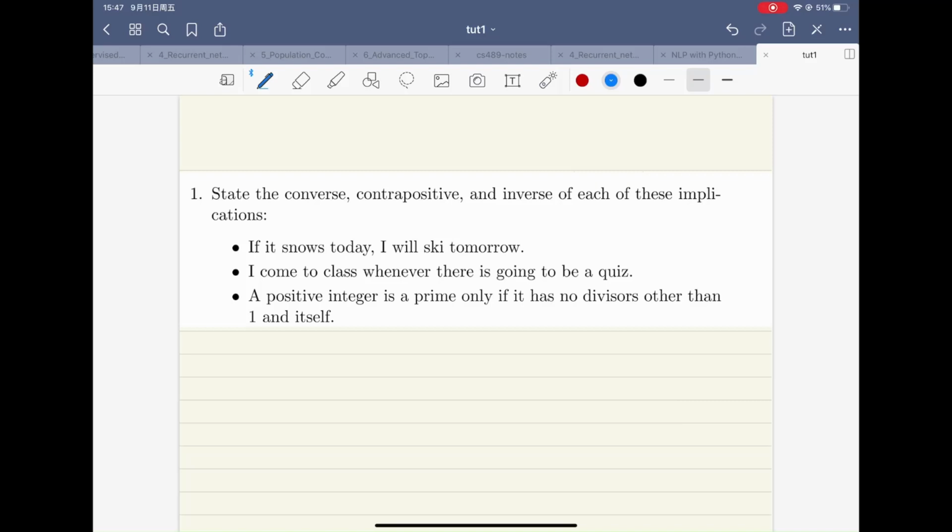If it snows today, I will ski tomorrow. What's the hypothesis and what's the conclusion? The first statement is simple. If P, Q. So the hypothesis is snows today, and the conclusion is ski tomorrow.